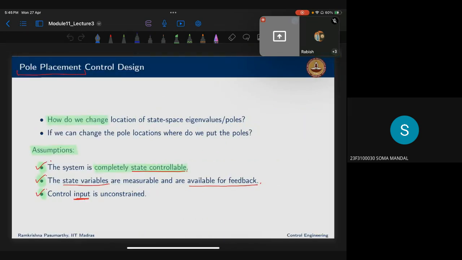So the question is, how do we change the location of the poles? The first assumption is that the system is fully state controllable. Then the state variables are available for the feedback. Now you can imagine that first image. The first image says that we have x dot is equal to Ax plus Bu. Here we find x, so this X is available for the feedback.